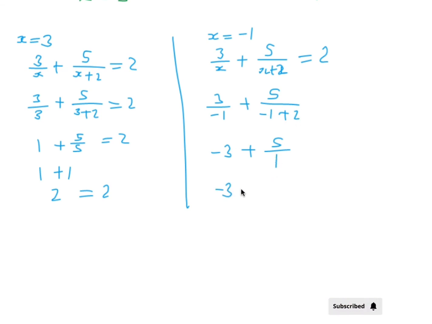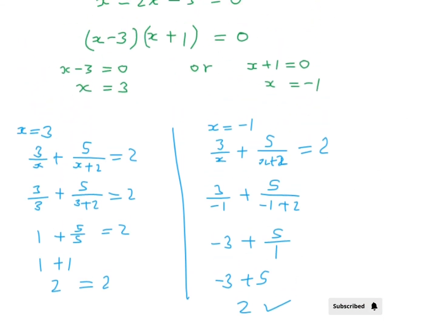So -3 plus 5 is 2. And this is also correct. So both our answers are correct. We must check our answers, because multiplying by an expression that contains the variable can introduce extraneous solutions. After checking, we can say these are the solutions: x equal to 3 and x equal to -1.